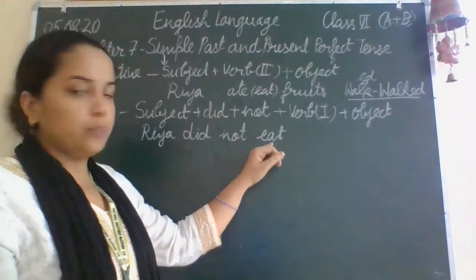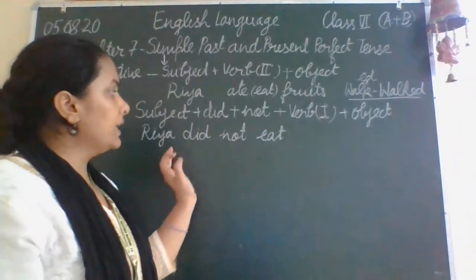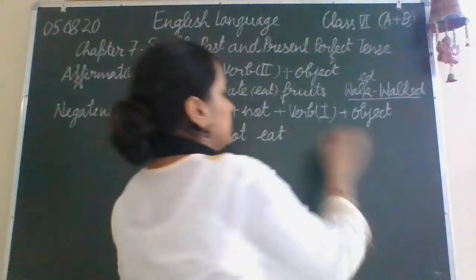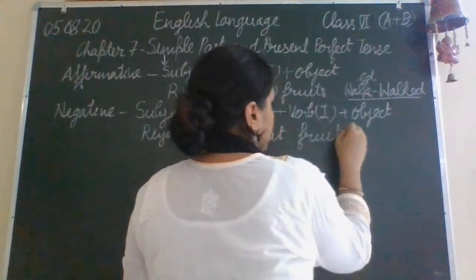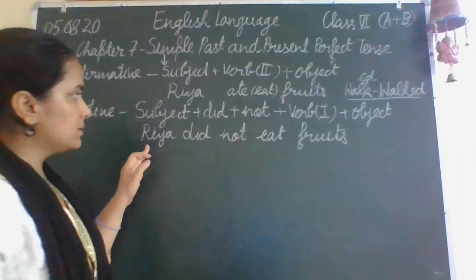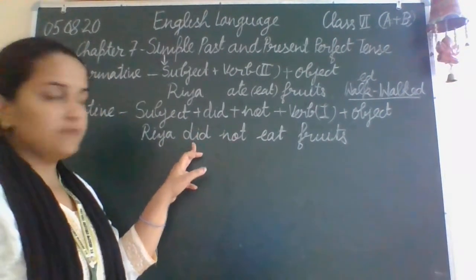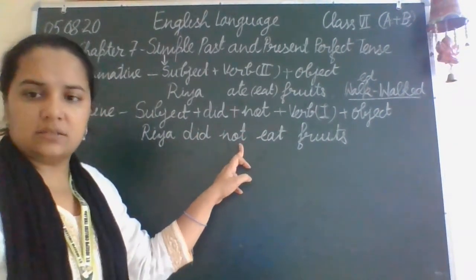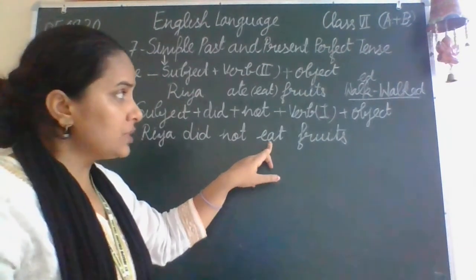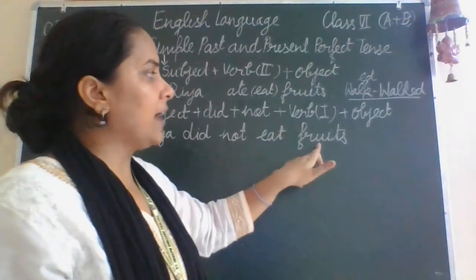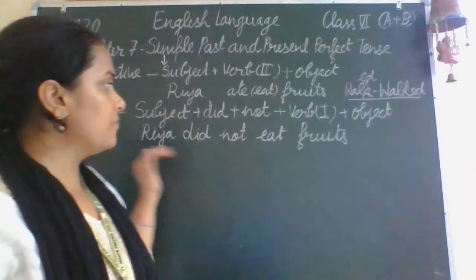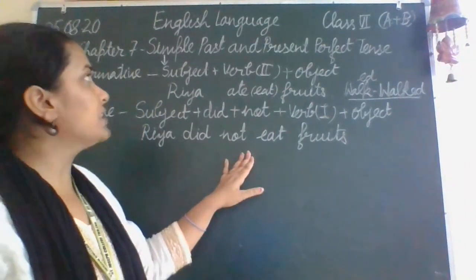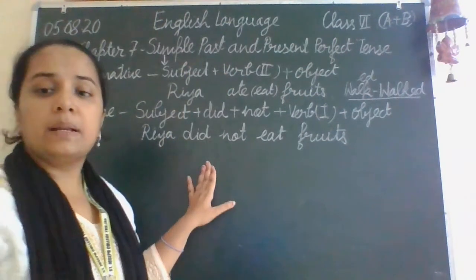Ria is the subject, did is the helping verb, not makes the sentence negative, eat is the first form of verb and fruits is the object. So this is the way we will form the negative sentence in the simple past tense.